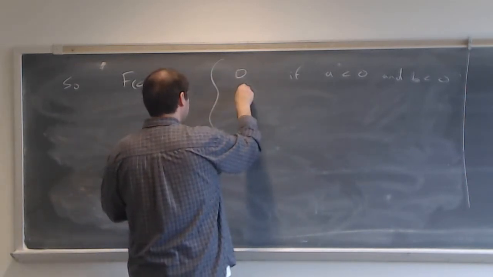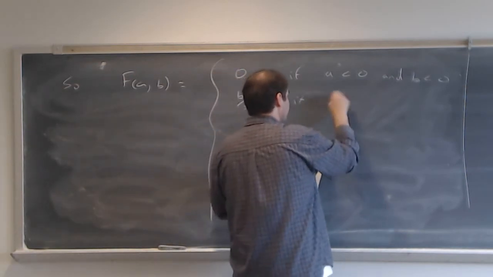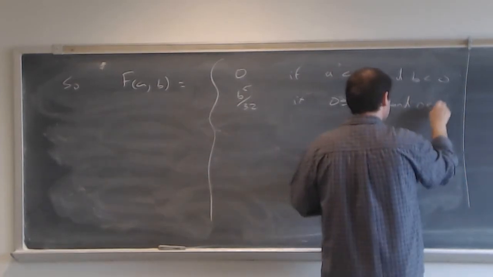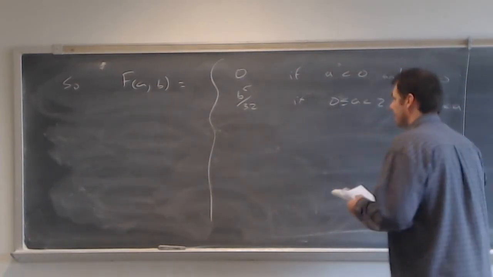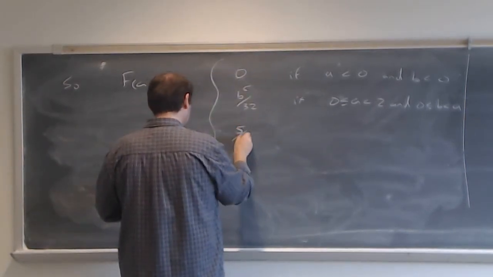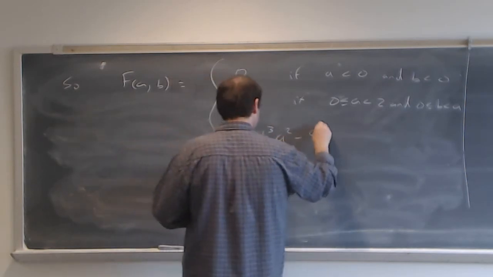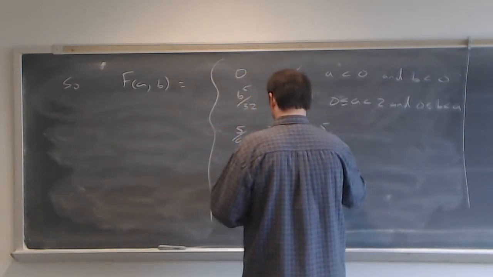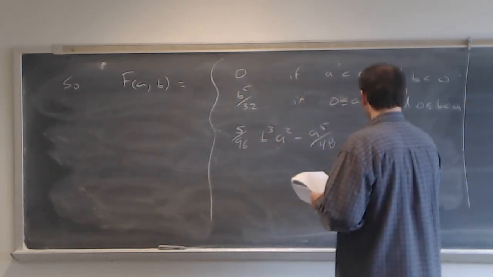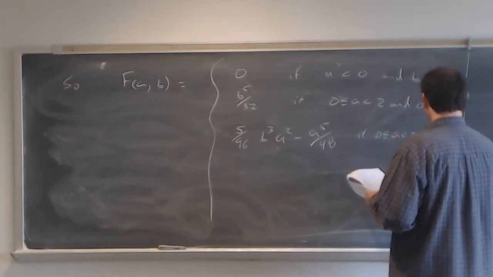It's equal to B to the 5th over 32 if 0 is less than or equal to A is less than 2 and 0 is less than or equal to B is less than A. It's 5/96 B cubed A squared minus A to the 5th over, I think it's 48, if 0 is less than or equal to A is less than 2 and A is less than B is less than 2.